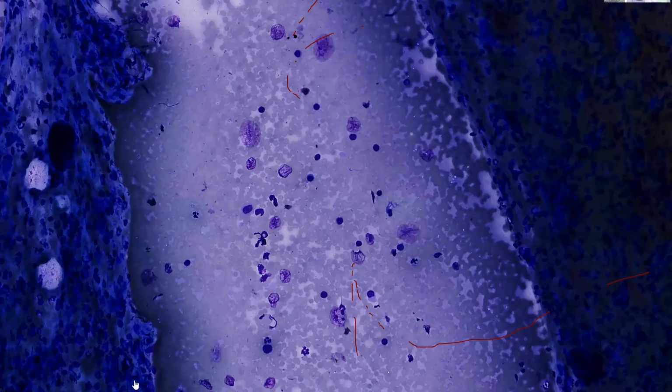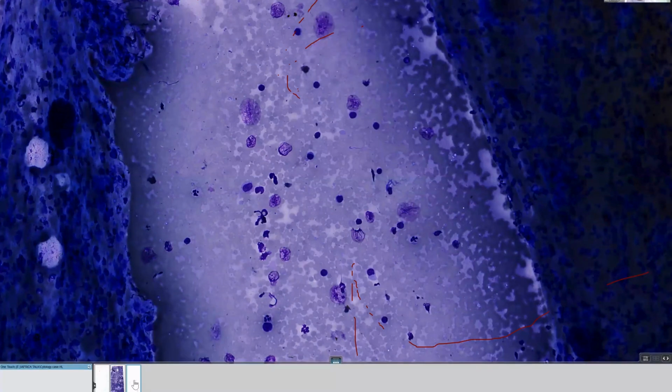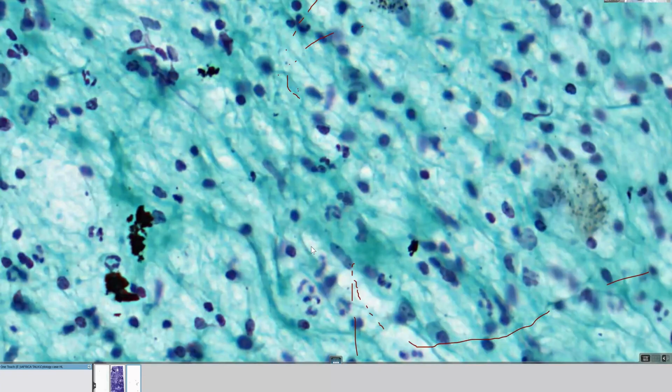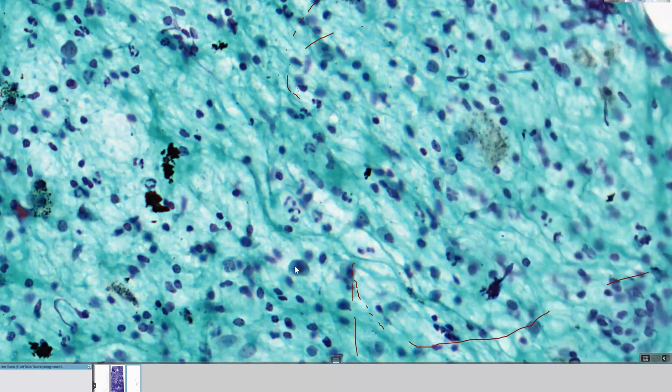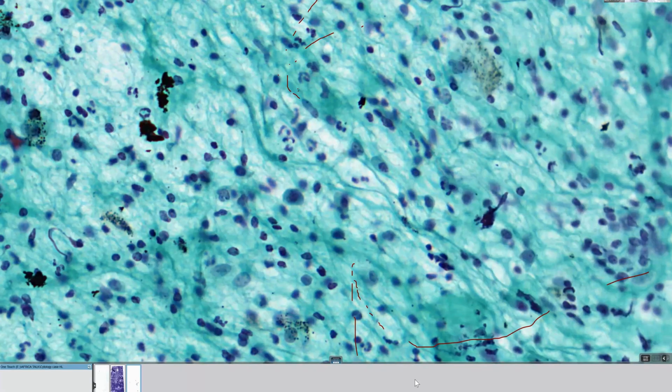The background of these cells, in a different core, shows a mixed population of neutrophils as well as necrosis. So that made it easy to make a diagnosis on these biopsies.